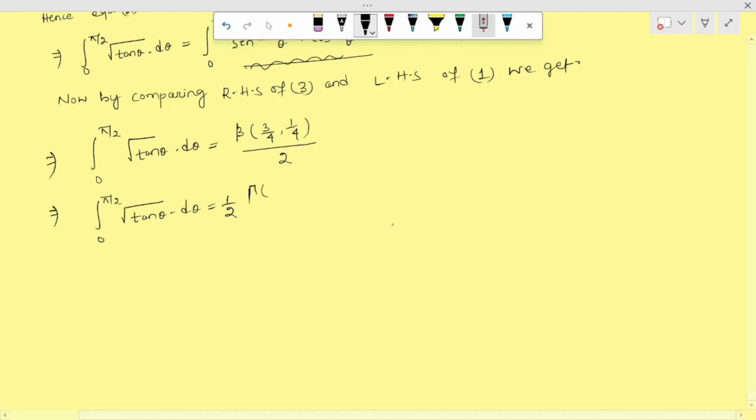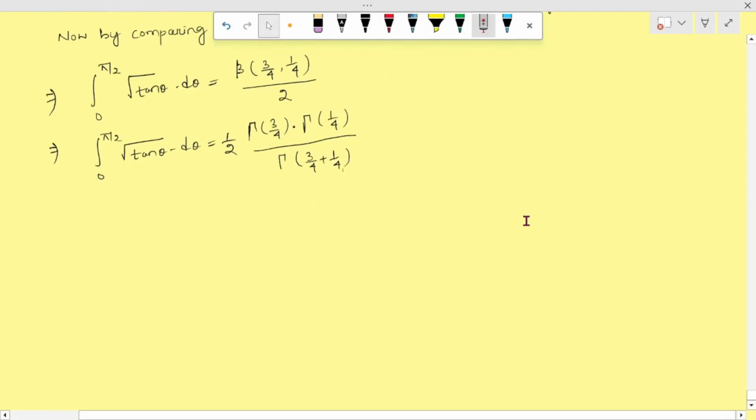Here gamma 3/4 into gamma 1/4 by gamma of 3/4 plus 1/4, is equal to 1/2.